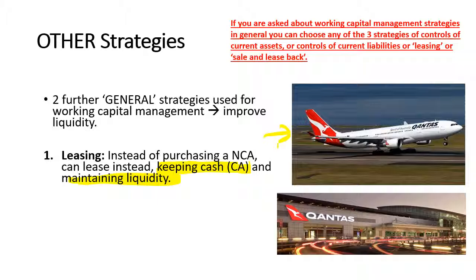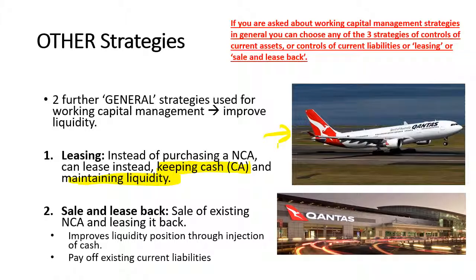Okay, the school does it through our leasing of our printers and photocopiers. The second one is sell and lease back. So that's where if we have a non-current asset, so a building that we own, we will sell it off, okay? And that increases my liquidity, my cash, because all that money from a building, millions of dollars, goes into my business now.